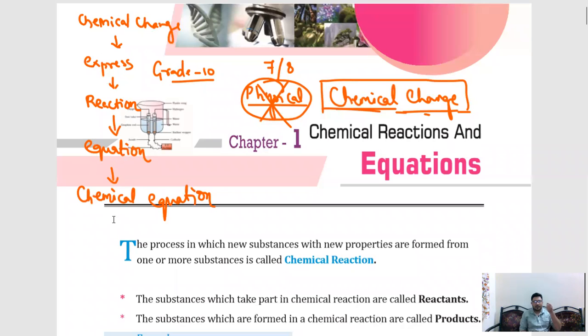Those equations which represent that chemical change are known as chemical equations. So here you can observe the chapter name, chemical reactions and equations. In this chapter you are going to learn about reactions, different types of reactions, and how to represent a chemical reaction in the form of equations, and balancing equations.